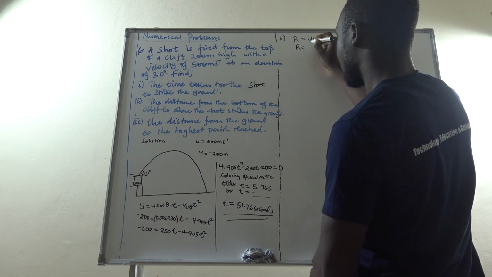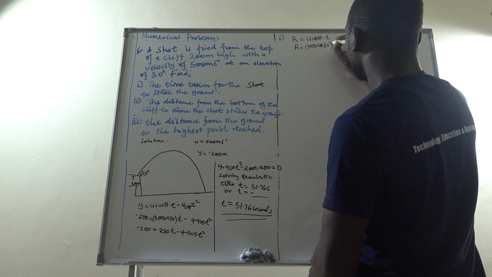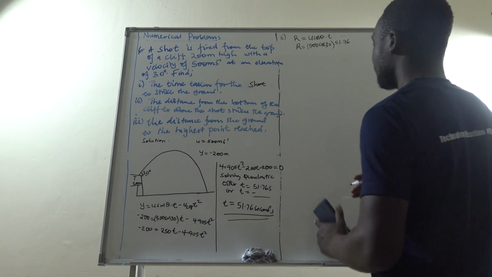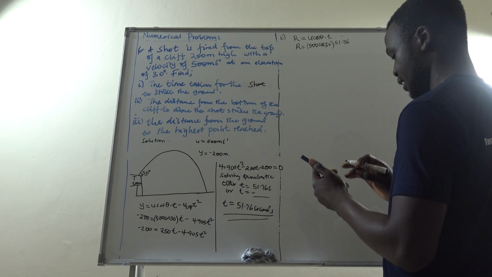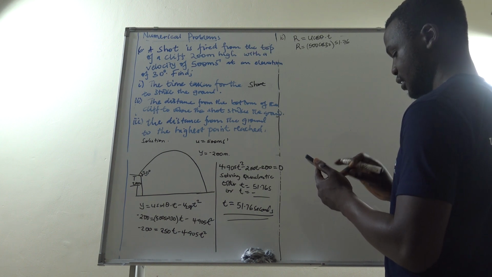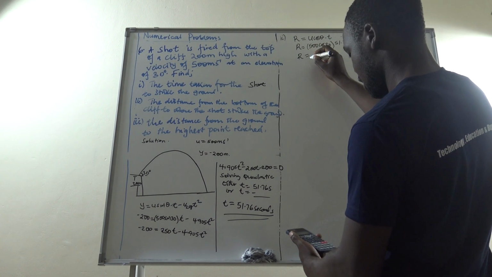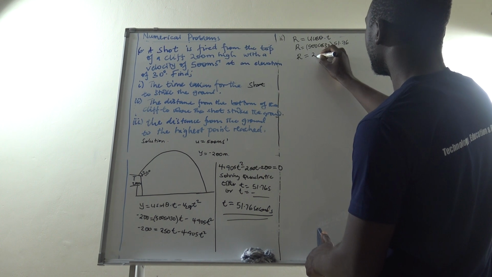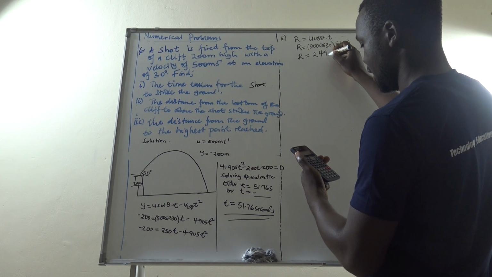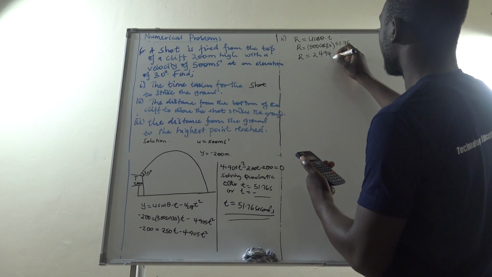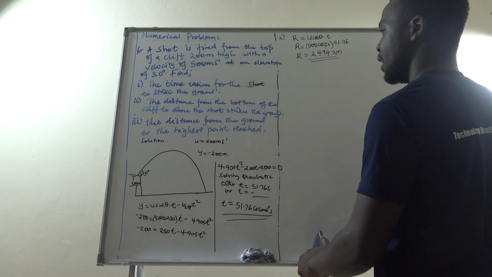Therefore, our R, the horizontal range, will be 500 cos 30 times 51.76, and the value of R we get is 2494.2 meters. This is our horizontal range.